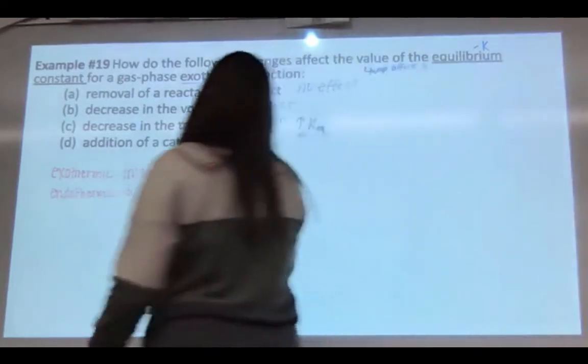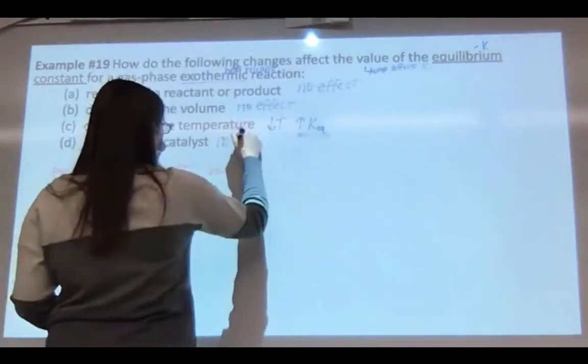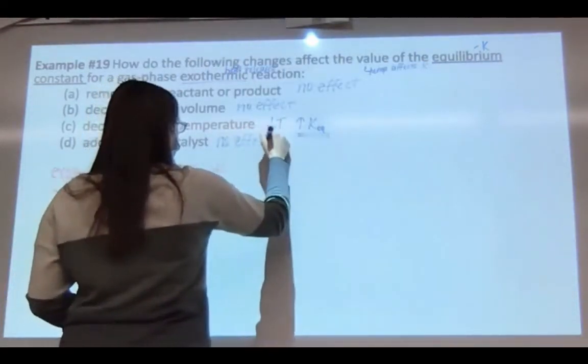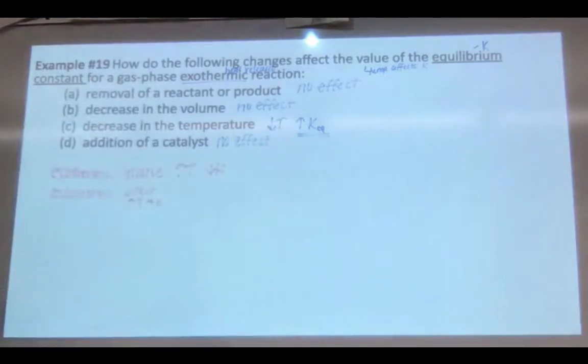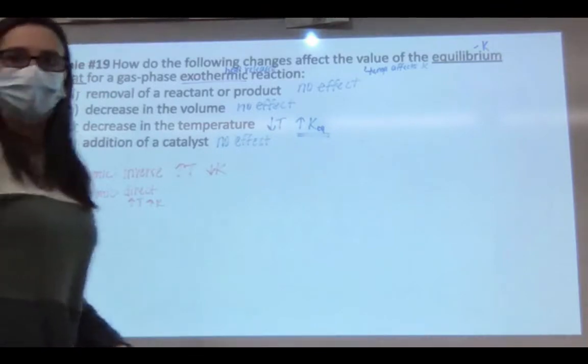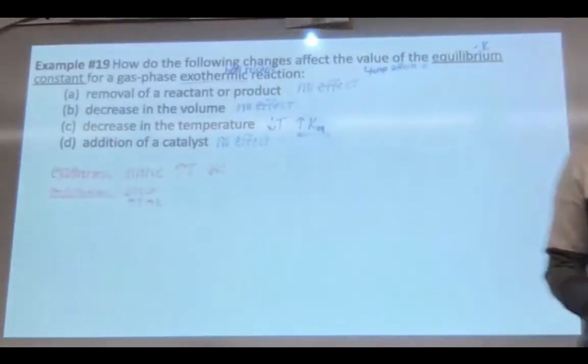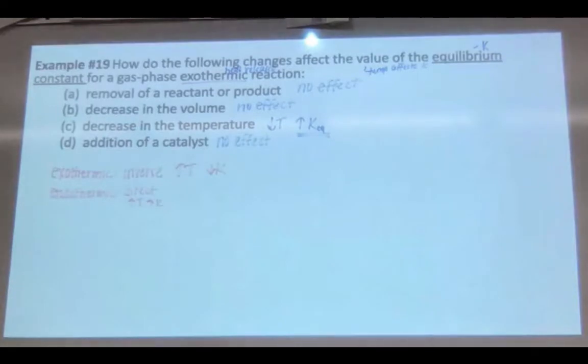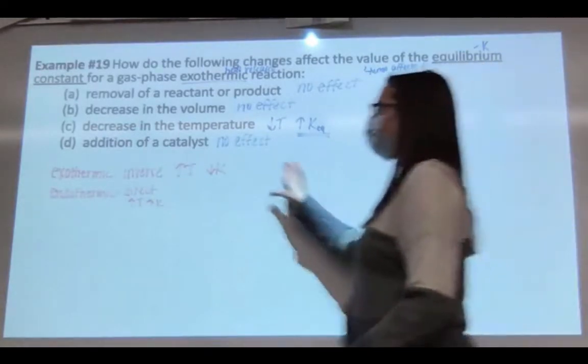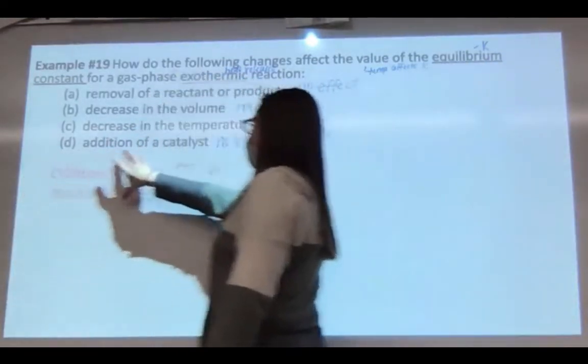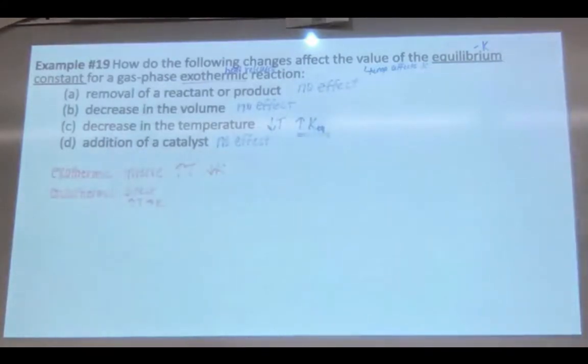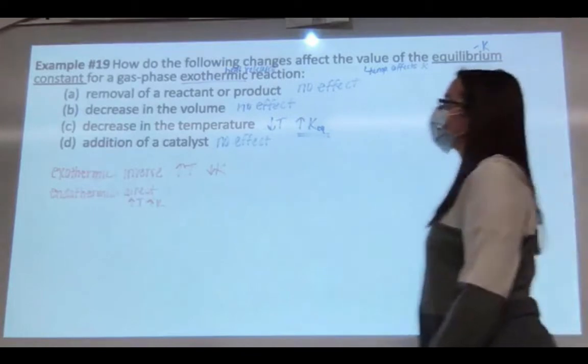And then addition of a catalyst, again, no effect. A catalyst affects the speed that we reach equilibrium, but it doesn't affect equilibrium itself. It doesn't affect the equilibrium constant. So the most important thing is knowing how K is affected by temperature. Exothermic, it's inverse. Endothermic, it's direct.